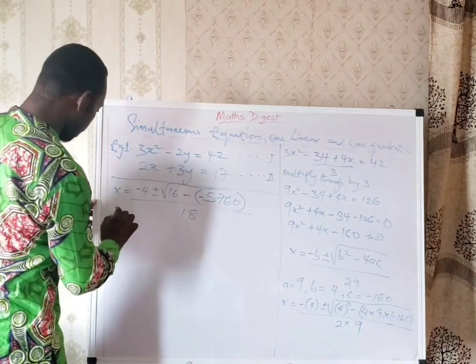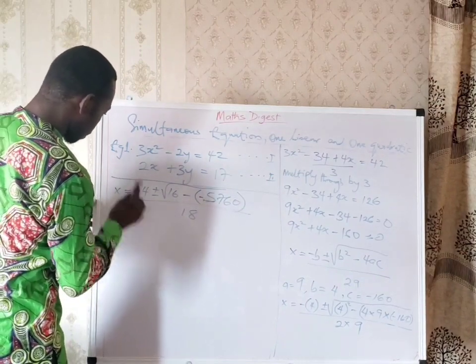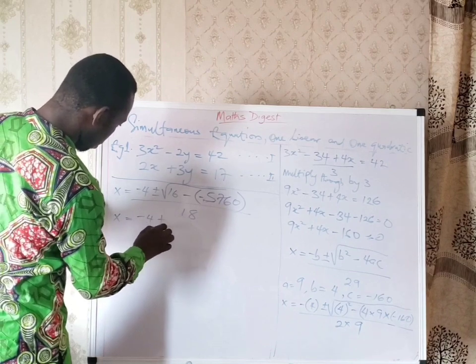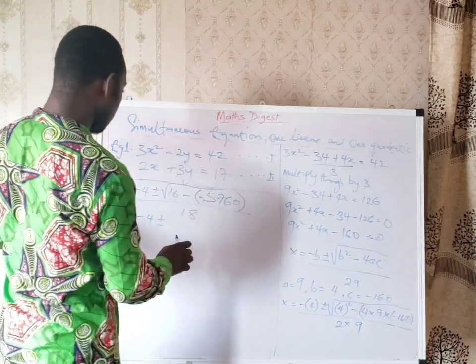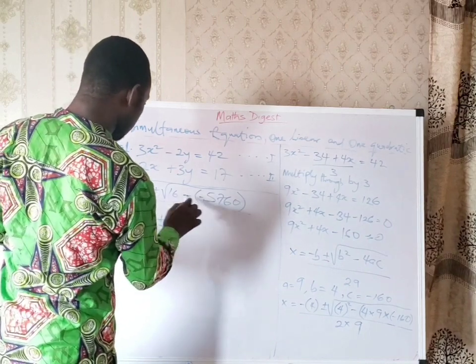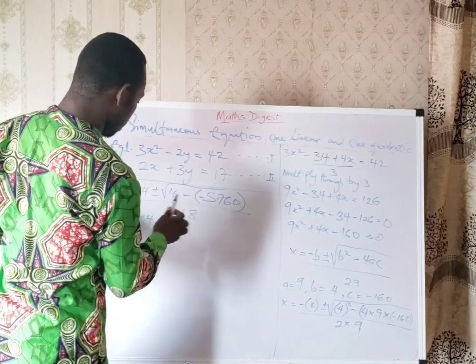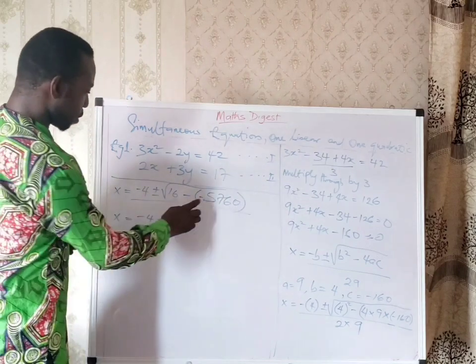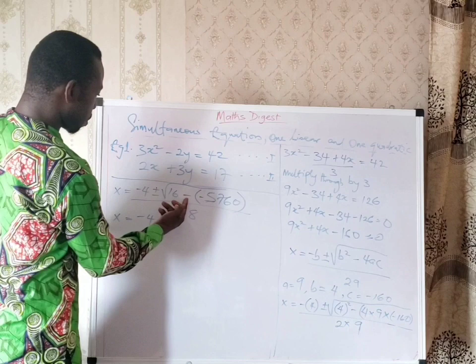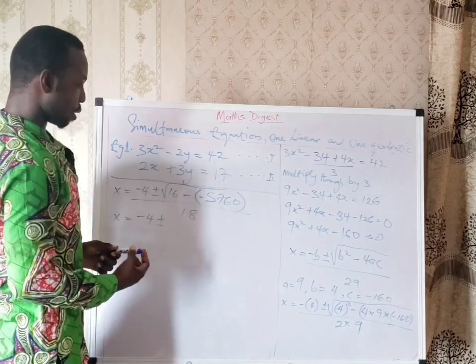We say x is now equal to minus 4 plus or minus, we have this plus this, because we have in bracket already minus here, so minus multiplying minus, okay.